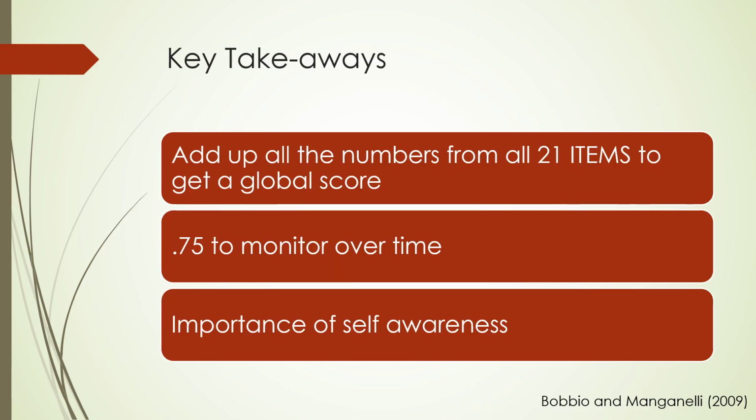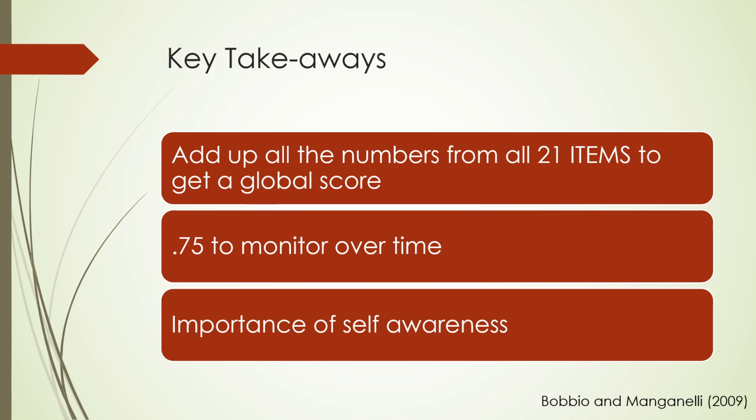So once you're done with the assessment, I want you to add up all the numbers from all 21 items, and you're going to get a nice big global score. Now, if you were just focusing on one dimension, and for me, it was starting and leading change processes in groups, I added up all the items and divided it by 21, and 0.75 was my coefficient that I need to monitor over time.